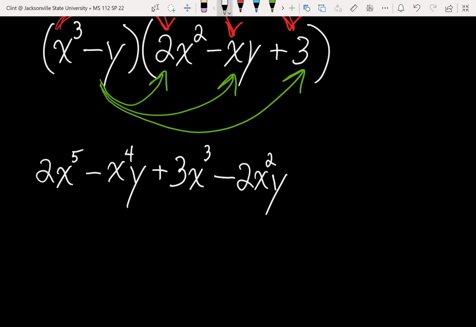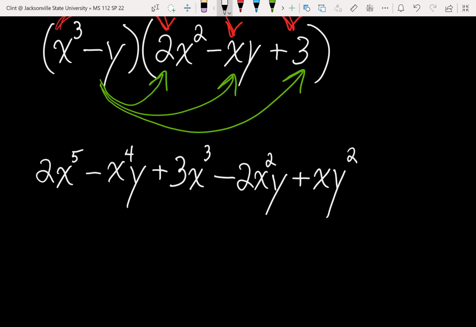Typically, when we have multiple variables, we write them down in alphabetical order, but nothing really wrong with it. All right, then we do negative y times negative xy, so both negative, so it's going to turn positive. We've got the x, nothing happens to it, but then we've got y times y, so it's y squared there.